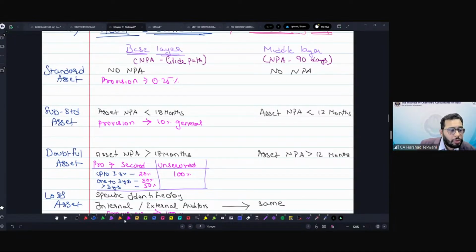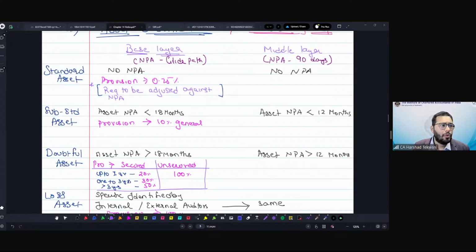So I will write here a very important point, and I will show you also. Required to be adjusted against NPA. Very important. Now, what is this? The provision on the standard asset. Why are we adjusting against NPA?